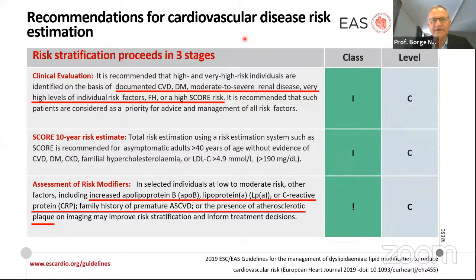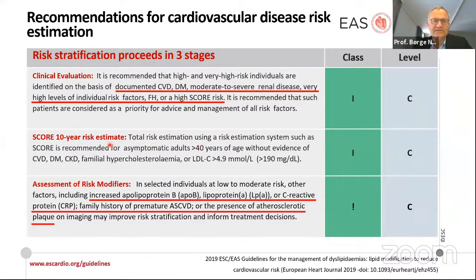The recommendation for cardiovascular disease risk estimation in this guideline is in 3 steps, 3 stages. First, a clinical evaluation, and here the focus is on if you have documented cardiovascular disease, diabetes mellitus, moderate to severe renal disease, very high levels of individual risk factors, familial hypercholesterolemia, or a high risk score, class 1C.